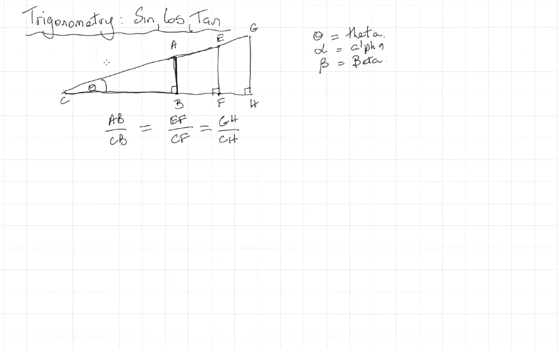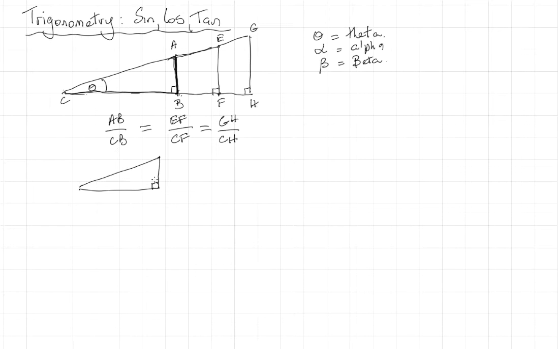So when we talk about this angle theta, this ratio of that side to that side is always going to be the same no matter how big the triangle. So what mathematicians did was say, let's give it a name.